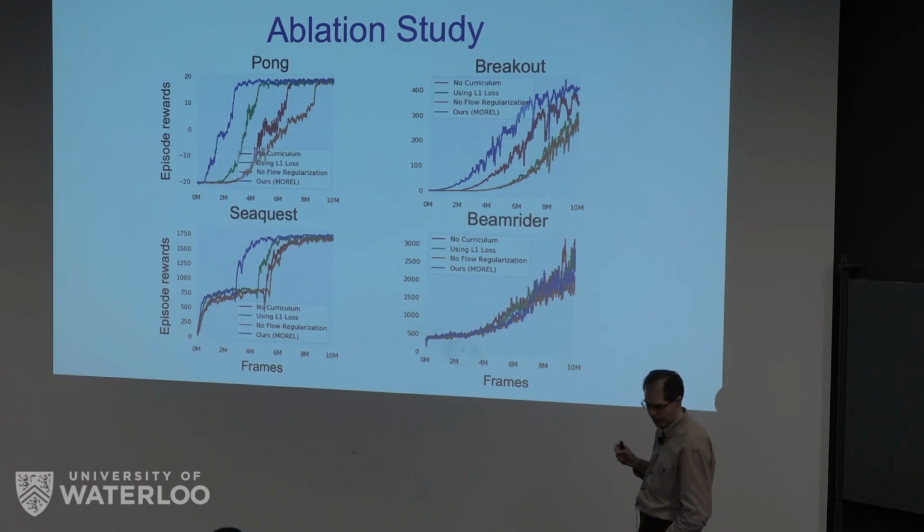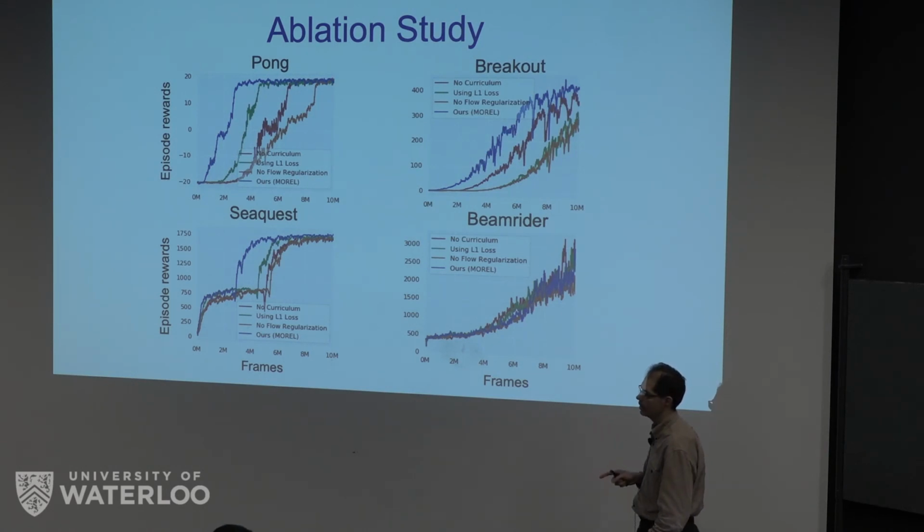However, I'm not sure if this is just an artifact of our legend, because I believe what we did was more like an ablation study where there was the full technique, then we remove flow regularization, then on top of that we remove L1 loss, then on top of that we did no curriculum learning. So I have to check the paper again for that.